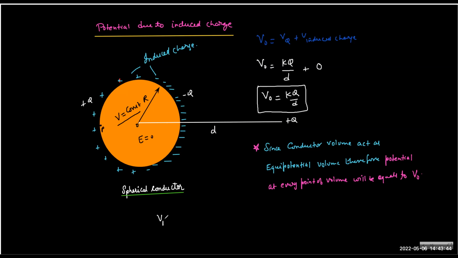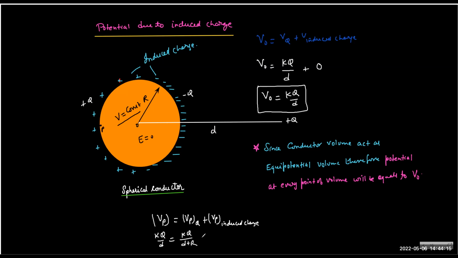So potential at point P again will be potential at point P due to Q plus potential at point P due to induced charge. Potential at point P will be equal to KQ by D. Potential at point P due to the given charge will be KQ by D plus R.